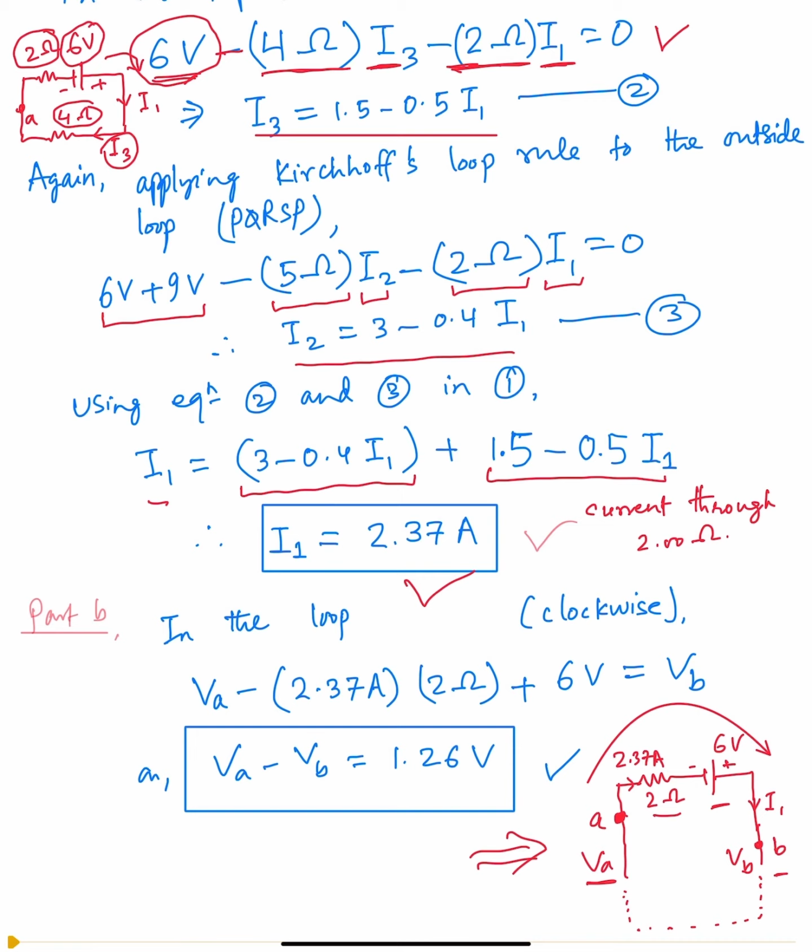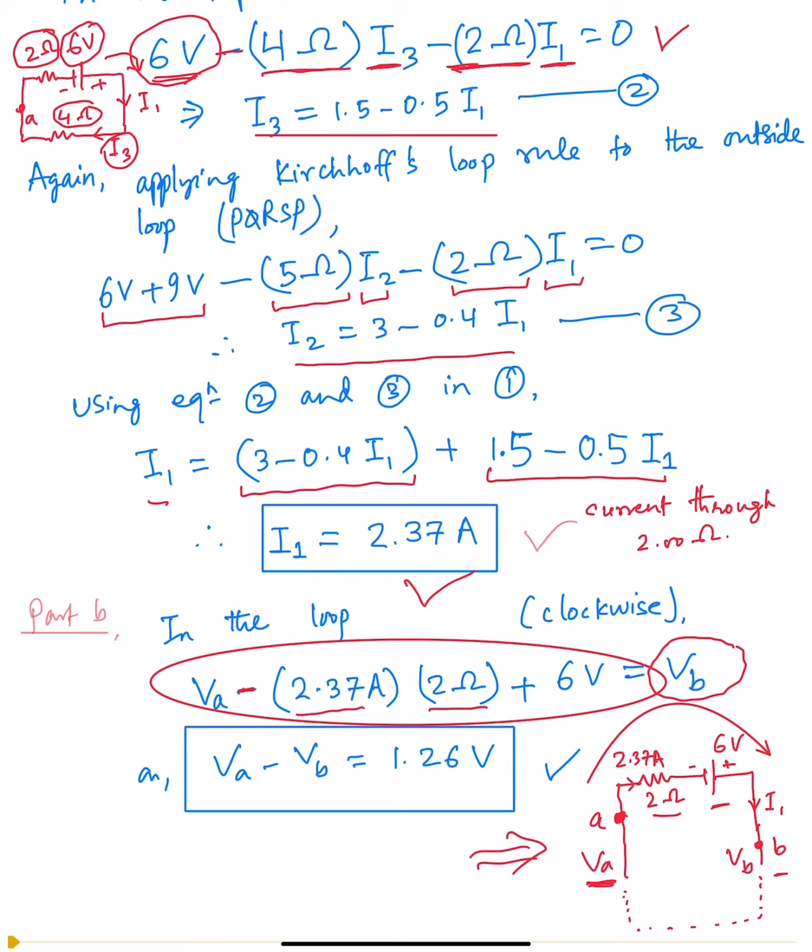So you can see the potential at end B must be equal to this. Going from B to A at this end, in the clockwise direction, it's draining the potential, so 2.37 times 2 ohm.